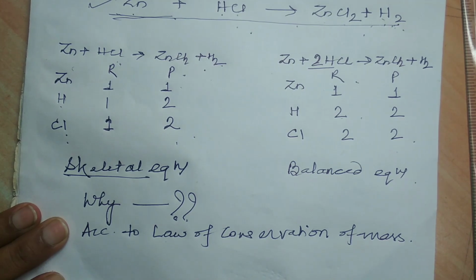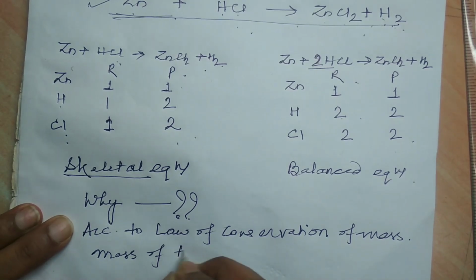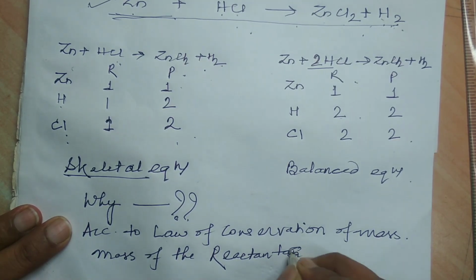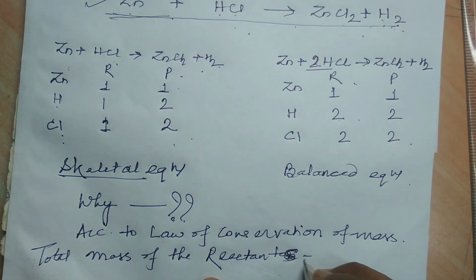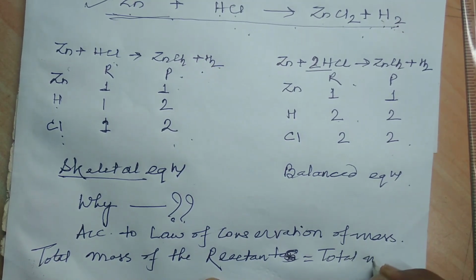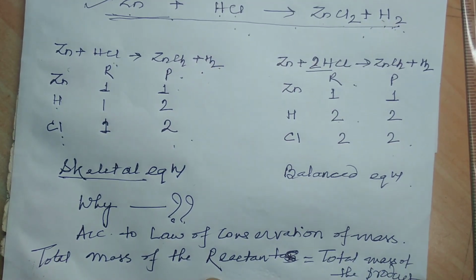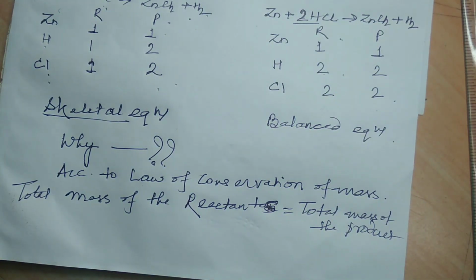It means the total mass of the reactants must be equal to the total mass of the product, and the total mass of the reactant will be equal to the total mass of the product only when the number of atoms towards the reactant side will be equal to the number of atoms towards the product side.